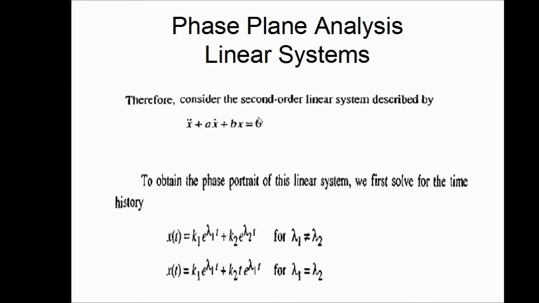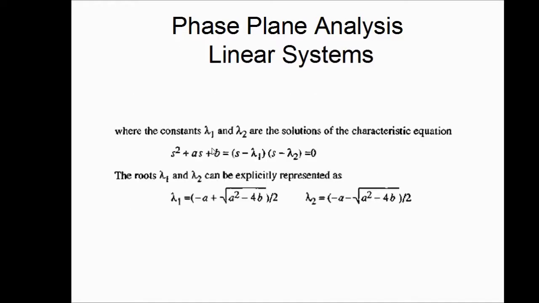So a linear system of this type is taken. By taking the Laplace transform, we can get the characteristic polynomial, which may be solved to get the values of lambda 1 and lambda 2, and they sit at these locations in the solution to the system equation. So these are the lambda 1 and lambda 2 values.